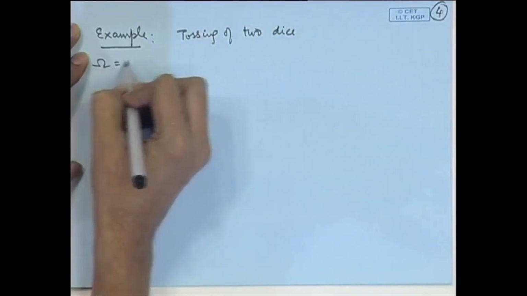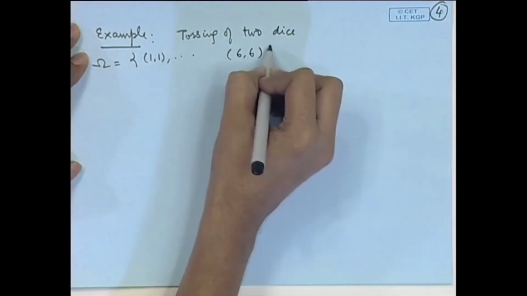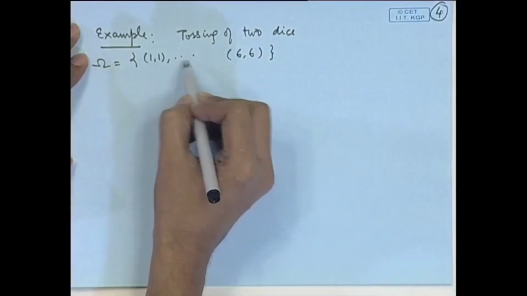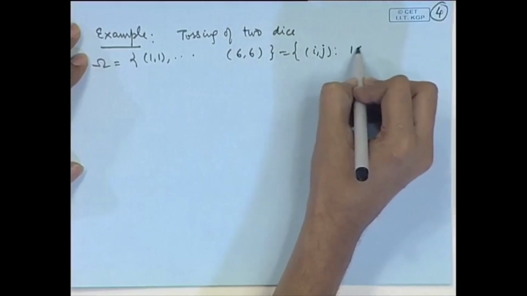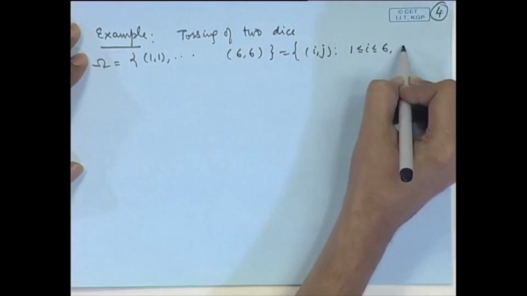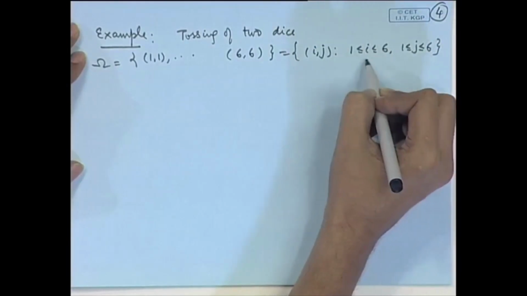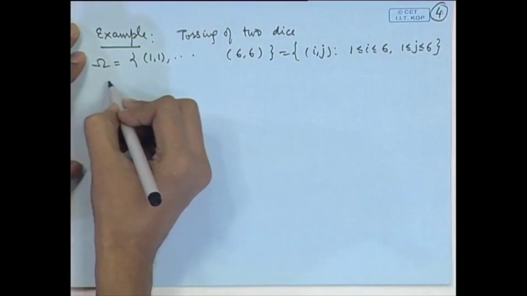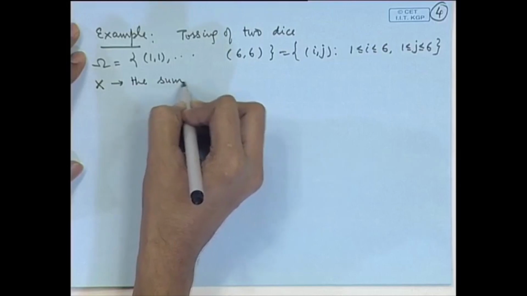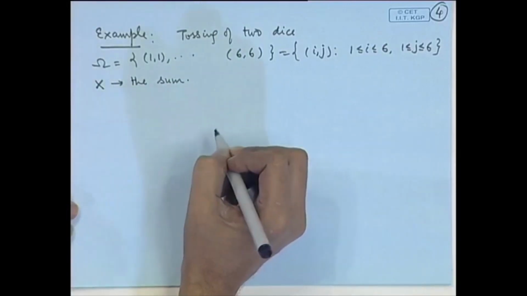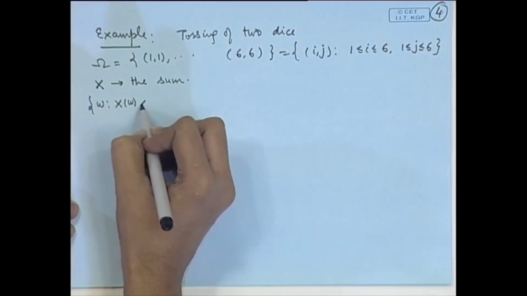Here the sample space is, say, (1,1) and so on up to (6,6), all the combinations of numbers (i,j) for 1 less than or equal to i less than or equal to 6, 1 less than or equal to j less than or equal to 6, all the combinations of natural numbers between these. So, if I define the random variable X as, say, the sum observed, and we want to write down the set of omega, say X(omega) less than or equal to lambda.